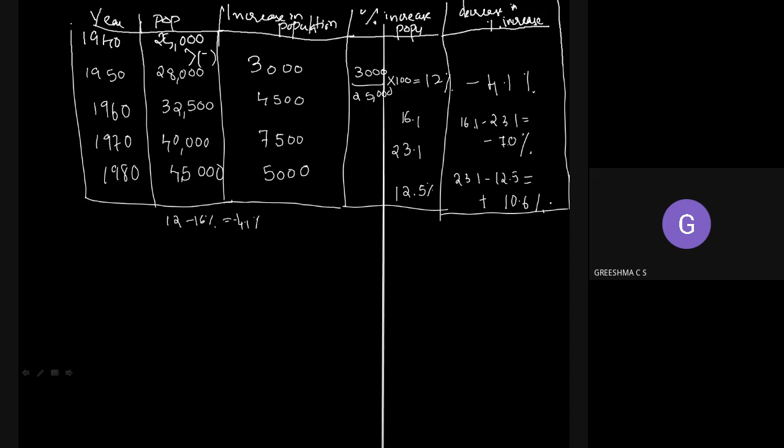Okay, now you have to find out the total of this decrease in the percentage of increase. That is, if you add all these things, minus 4.1 minus 7 plus 10.6.